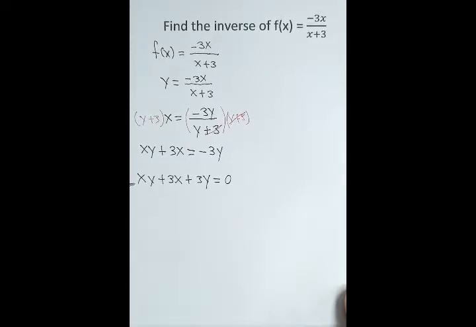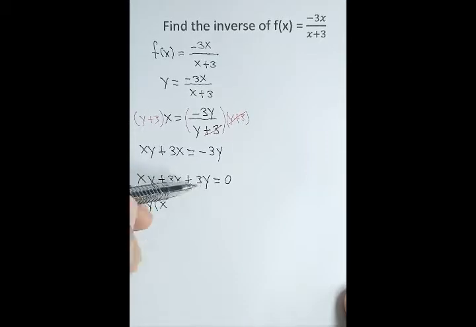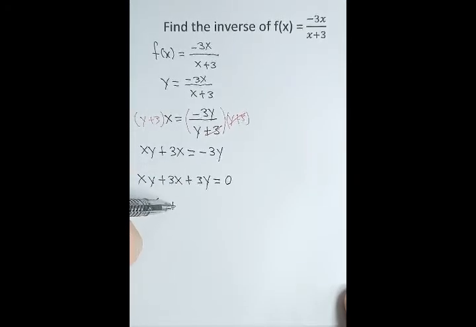And then atong i-factor out ang y. So y, so sa xy we have x, then sa 3x di mawala sa variable, so as is ng 3x. Dayong sa 3y we have plus 3.